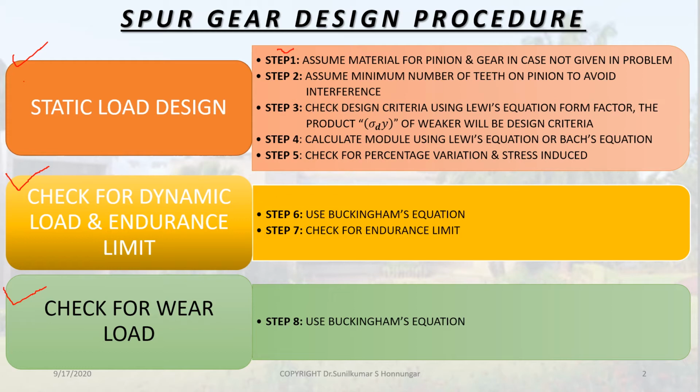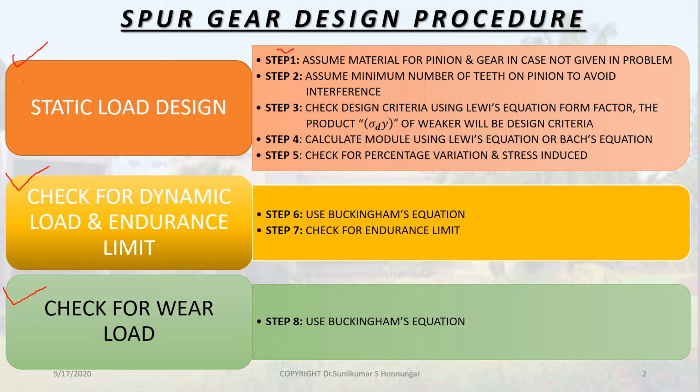In the second step, assume the minimum number of teeth on the pinion. Remember, every time you have to assume a minimum number of teeth on the pinion to avoid interference. What is interference?